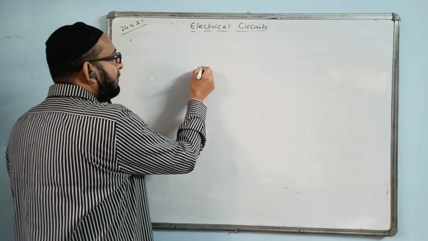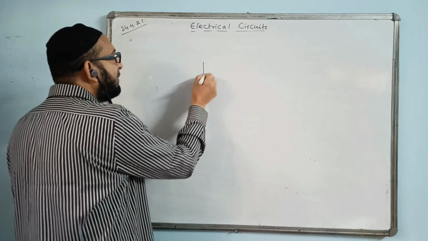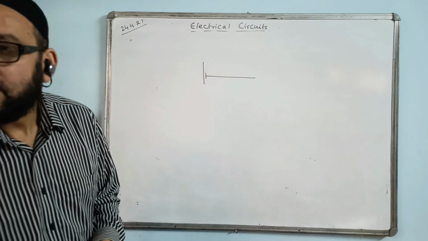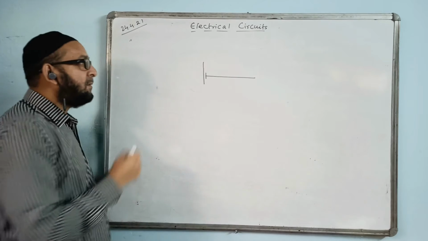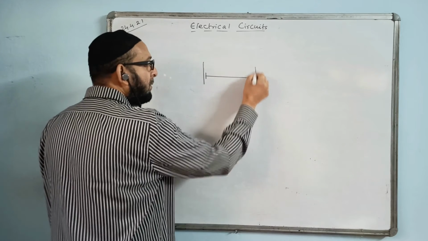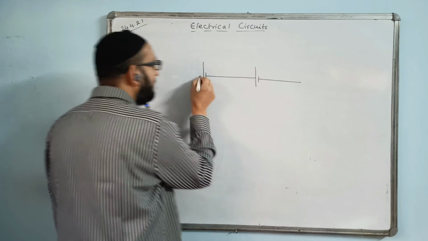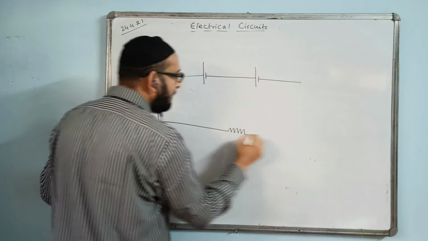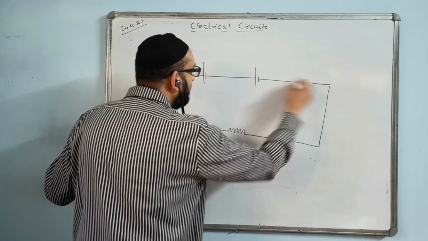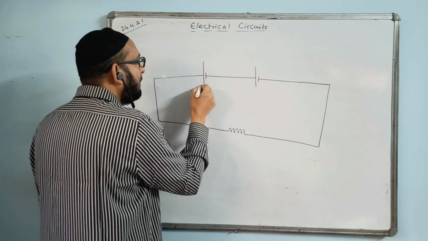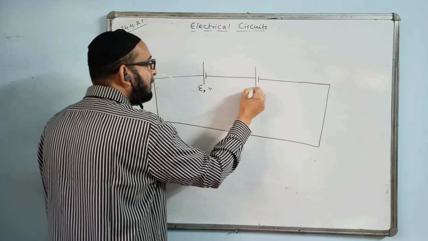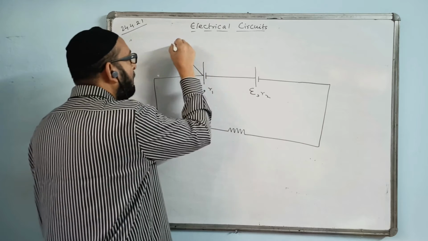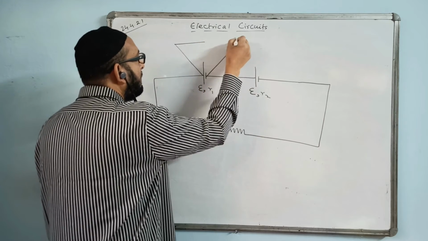And the figure is given, so please take the figure. Here is the figure given: E, R1; E, R2; one voltmeter is here.